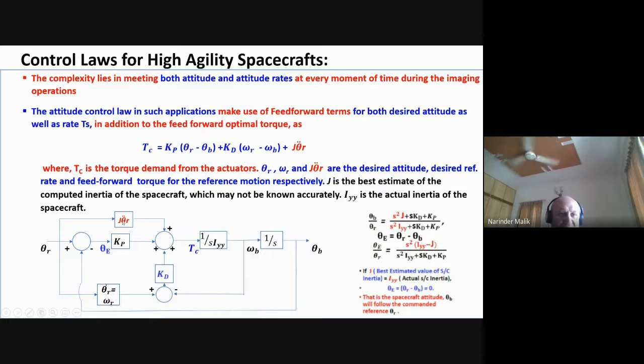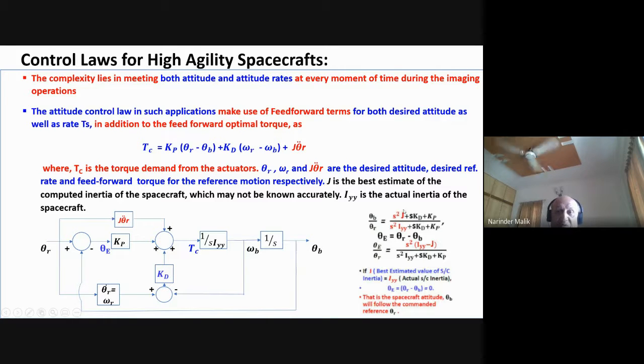So the knowledge of J, which I am using in generating the feed forward control torque, is very, very important. How close it is to the actual value will determine what kind of attitude error there would be when you want to achieve desired attitude and attitude rates.